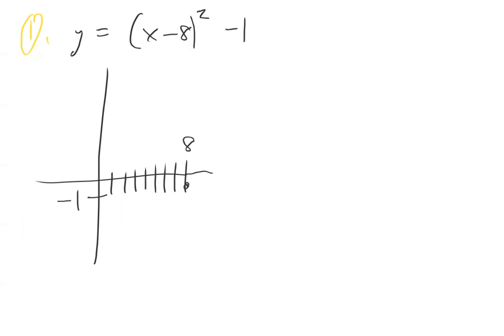So the parabola starts right there, and because the front of the squared term is positive, it opens up, like this. And that's all we need to know in order to answer this question.